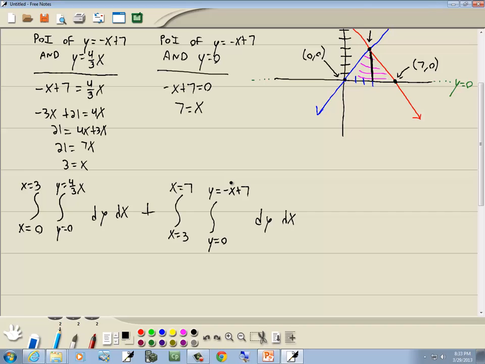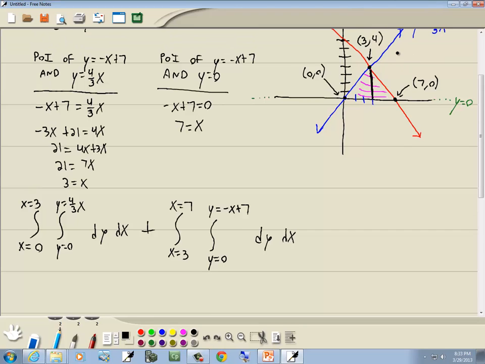Now you could have also set this up differently. Instead of having the x values on the outside, you could add the y values. Now sometimes it's easier to do that, sometimes it's harder. You have to look at the problem and see which one has the easier setup. Now if I looked at the y values, it looks like the y values would go from 0 to 4.